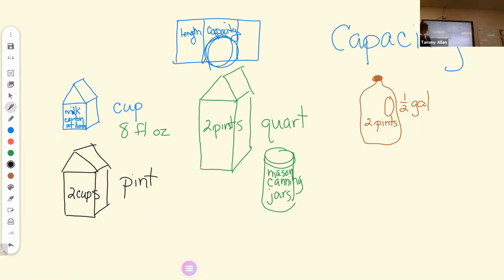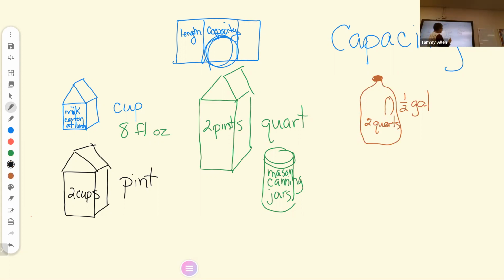Or 2, not 2 pints. Always, Mrs. Allen. 2 quarts. How about 2 quarts? Yeah. 2 quarts. 2 quarts. This is half a gallon. For short, 2 quarts. And then that's one.